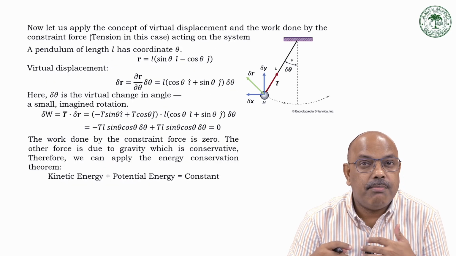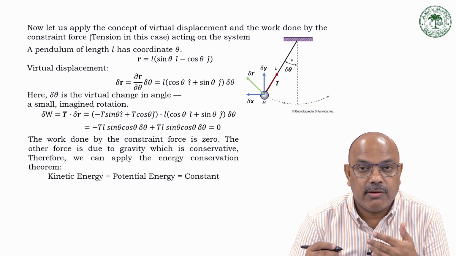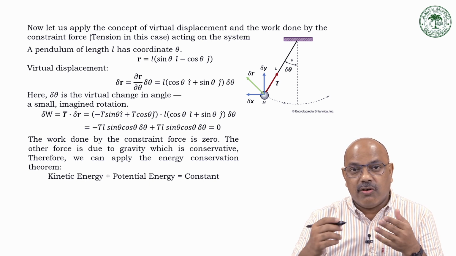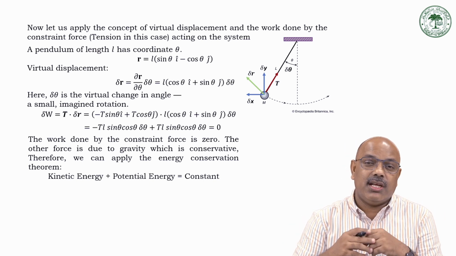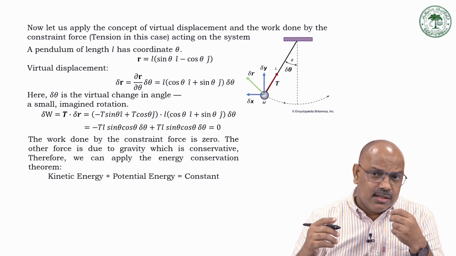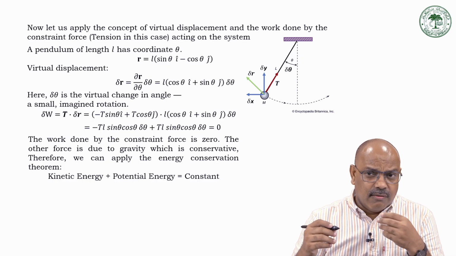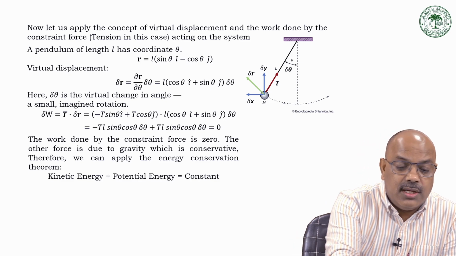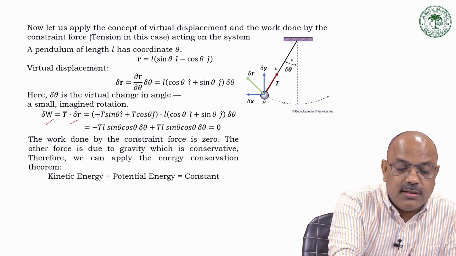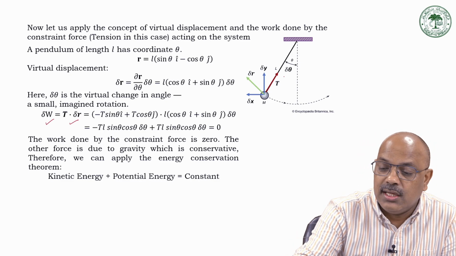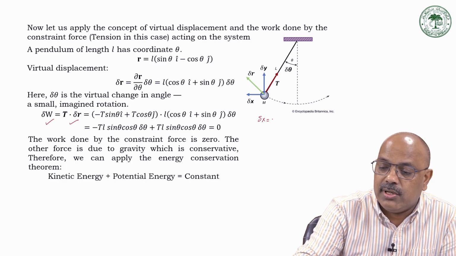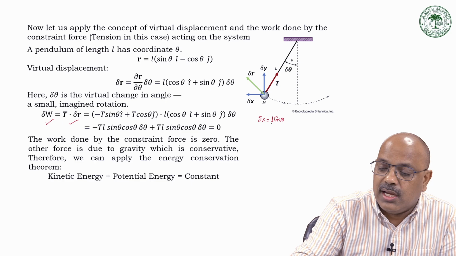But if I apply the principle of virtual work, the force acting as a constraint in the simple pendulum is the tension, and the work done by the tension for the virtual displacement is 0. That is because delta R is connected with delta theta: delta x is L cos theta, and delta y is L sin theta.